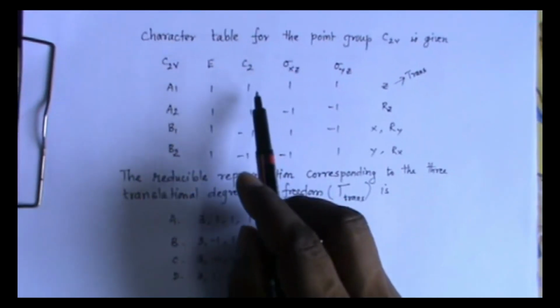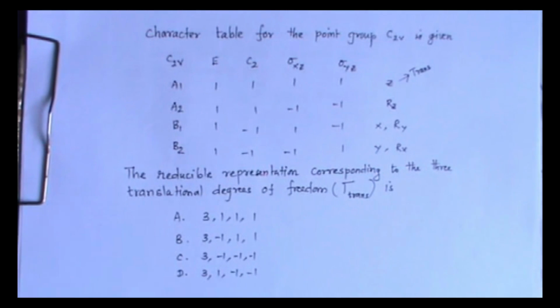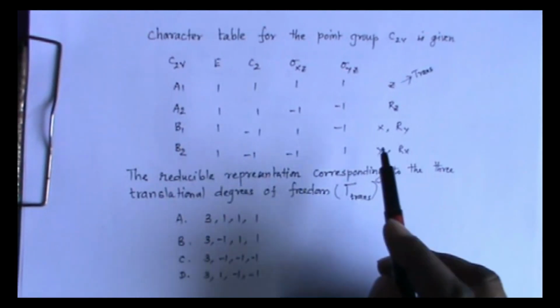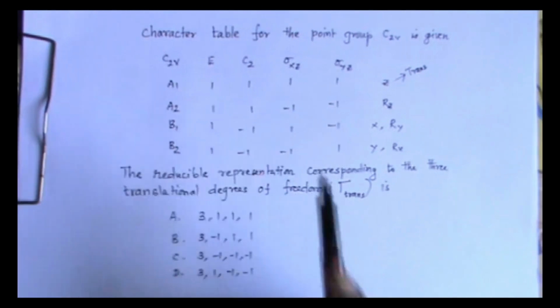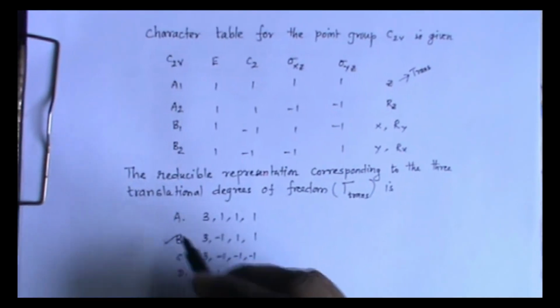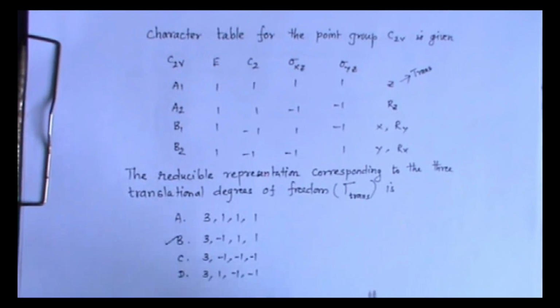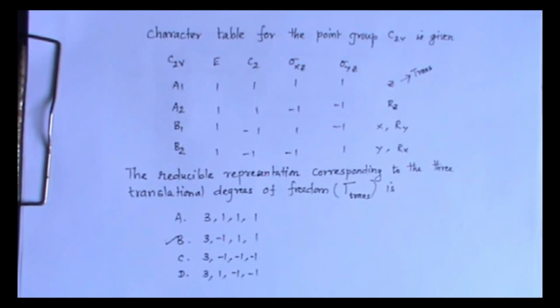Second one, 1, -1, -1. So the second one will be -1. Third character will be 1, 1, -1. So it should be +1. So this particular option satisfies. So what I get is these characters. So this should be the correct answer.